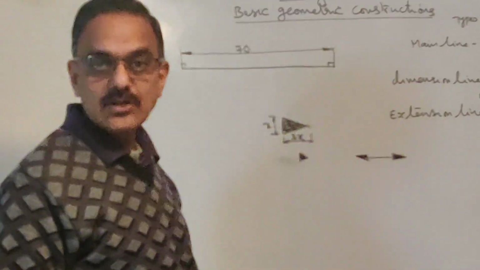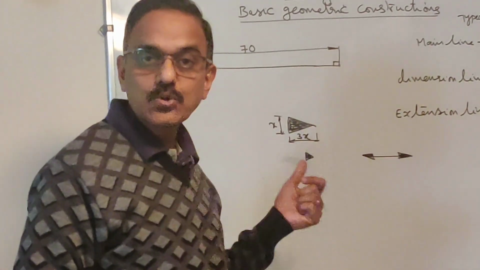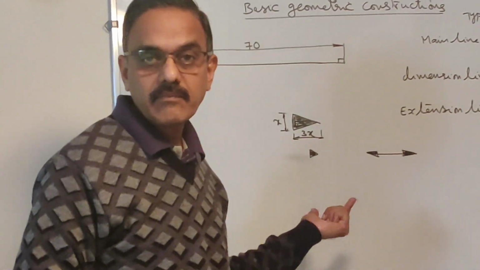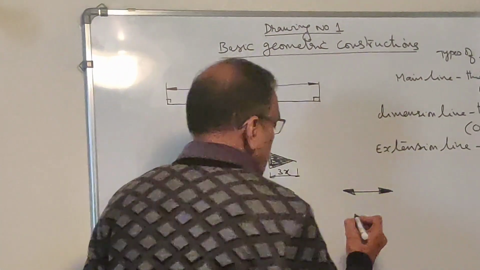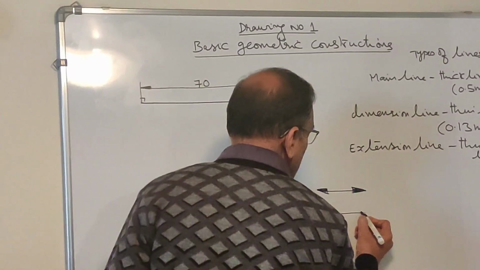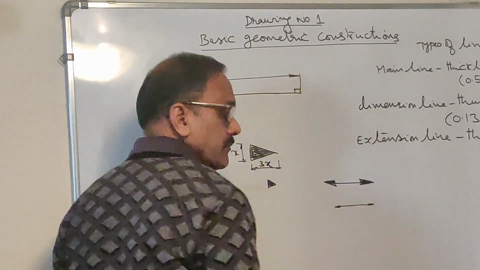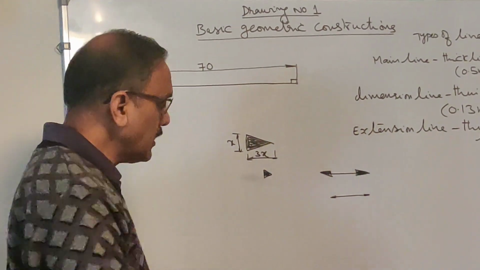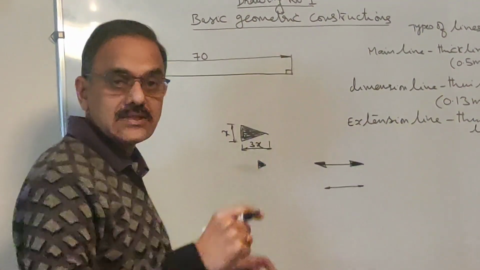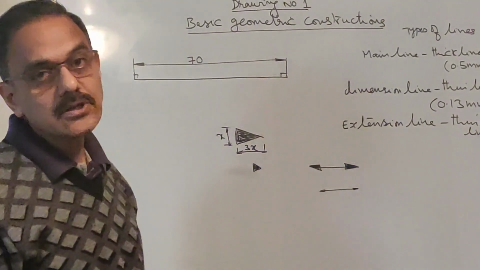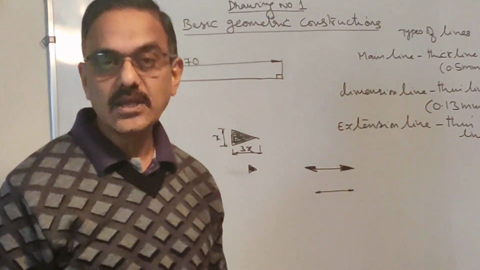For the size of the dimension line that we have, the arrowhead is too big and it looks awkward. So, for a small dimension line, a small arrowhead is enough. Similarly, as you increase the length, the size of the arrowhead also can be proportionately increased. This is what I want to say.